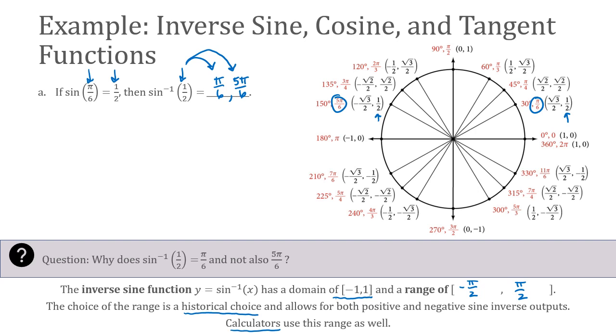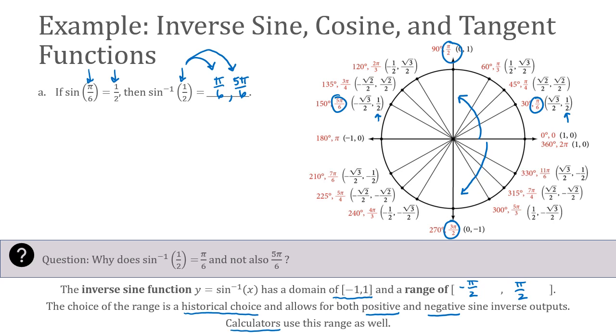Now, where is that space between negative pi over 2 and pi over 2? Well, pi over 2 is up at the top, the positive y-axis, so that includes all of the first quadrant. And then negative pi over 2 is in the same location as 3 pi over 2, so that includes all of the fourth quadrant. That will allow us to take care of positive values and negative values. Could there be a range other than negative pi over 2 to positive pi over 2 that would also include both the positive and the negative outputs?